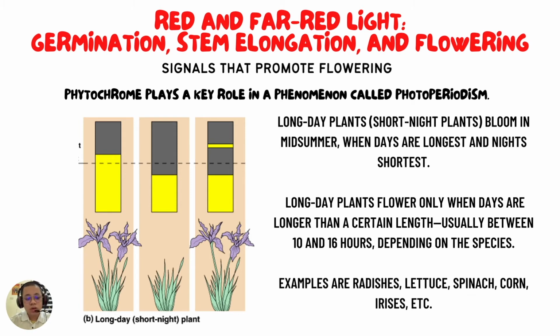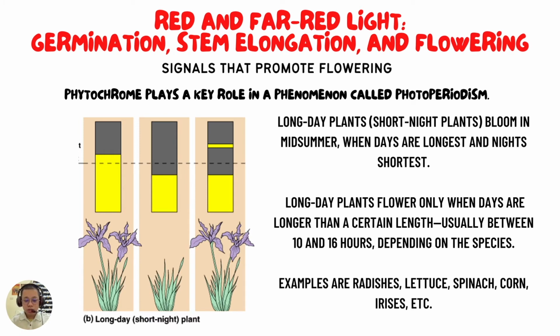In this first column, when the plant reaches the critical length of 12 hours exposure to the sun, it blooms or flowers. In this second column, the exposure of this plant to the sun does not reach the quota of 12 hours. It does not bloom.